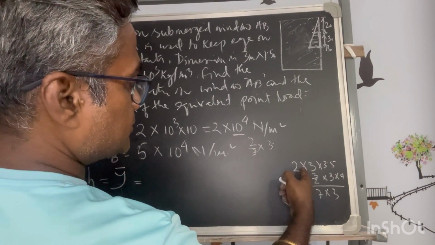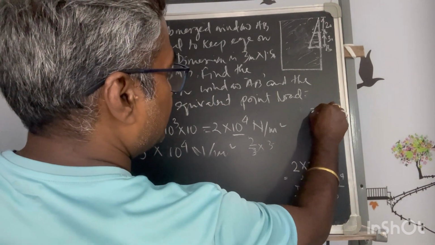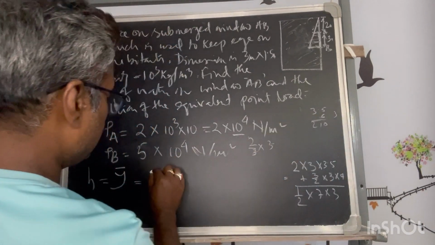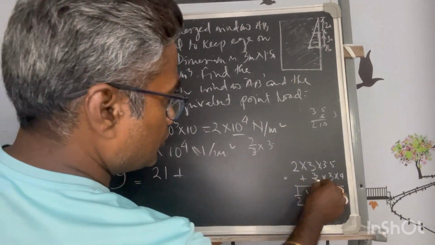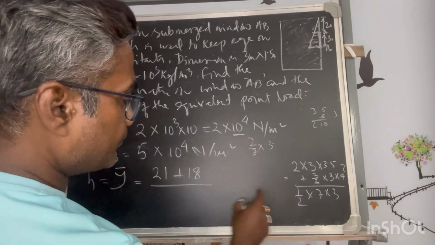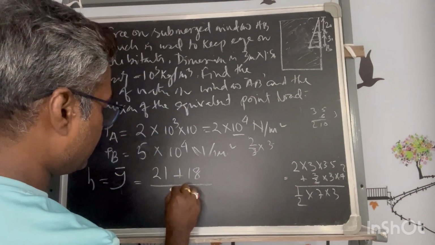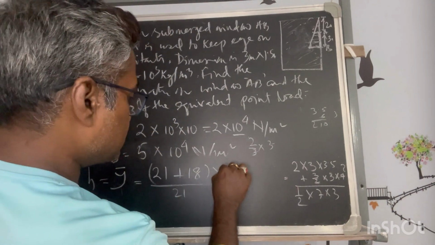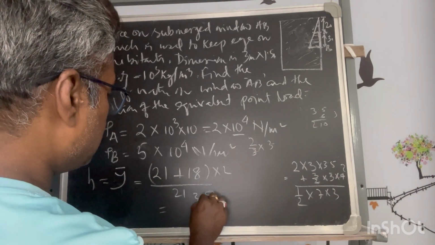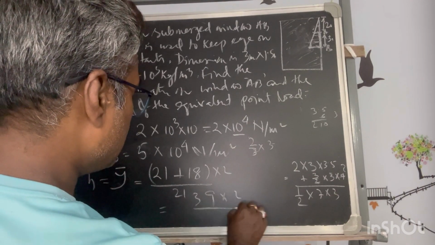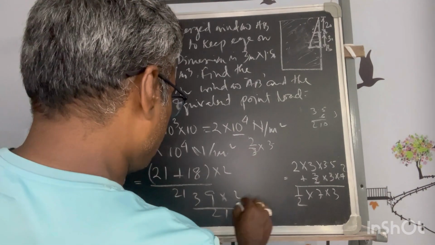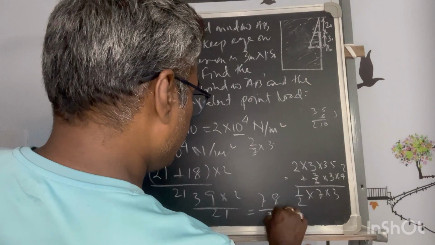3 into 6, 6 into 3.5 is 21. 21 plus 18 is 39, into 2 is 78, divided by 21.